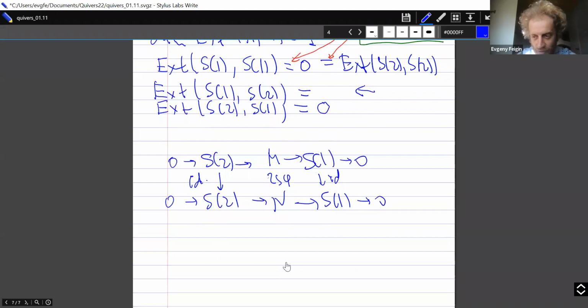So how many isomorphism or equivalence classes of phi are there? How are they classified? Of course, M should be just a representation K to K, yes? So the only question is what the map can be here. Maybe I put phi here. What can phi be?